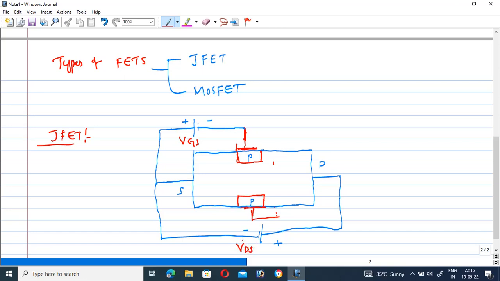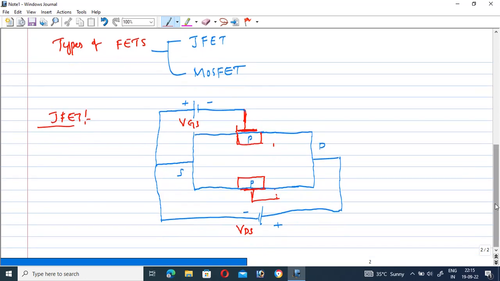Here, initially, if we treat VGS as equal to 0, the P-type region and the N-type channel form PN junctions. It forms two PN junctions on both sides of the N-type semiconductor bar. When VGS is equal to 0, the negative terminal is connected to the positive P-type semiconductor material.